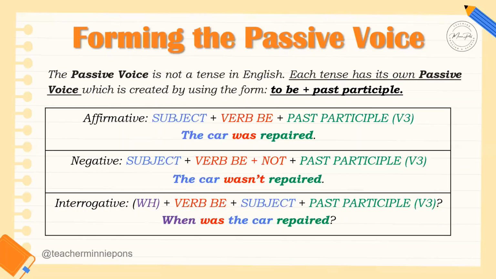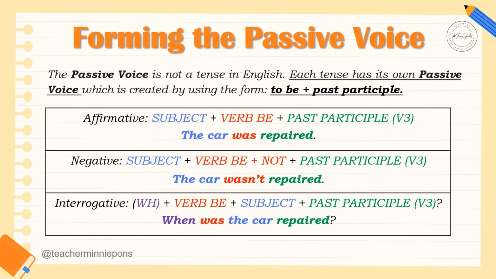How can you form the passive voice? The passive voice is not a tense in English. Each tense has its own passive voice, which is created by using the form be plus past participle. In affirmative, we have the subject, the verb be, and the past participle.